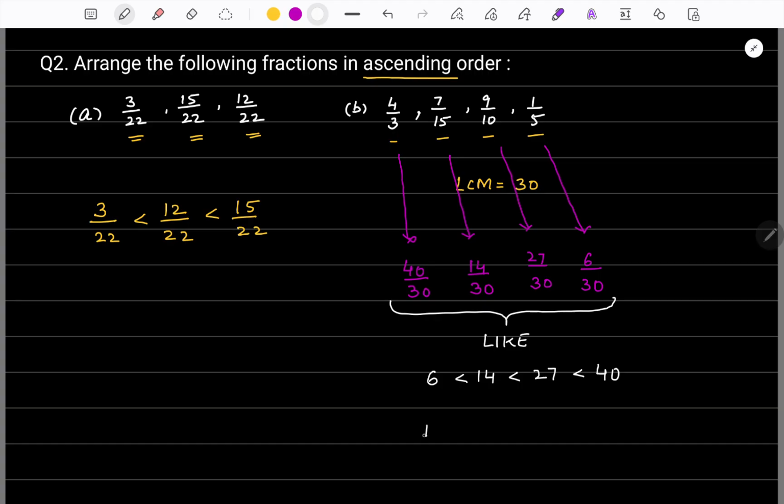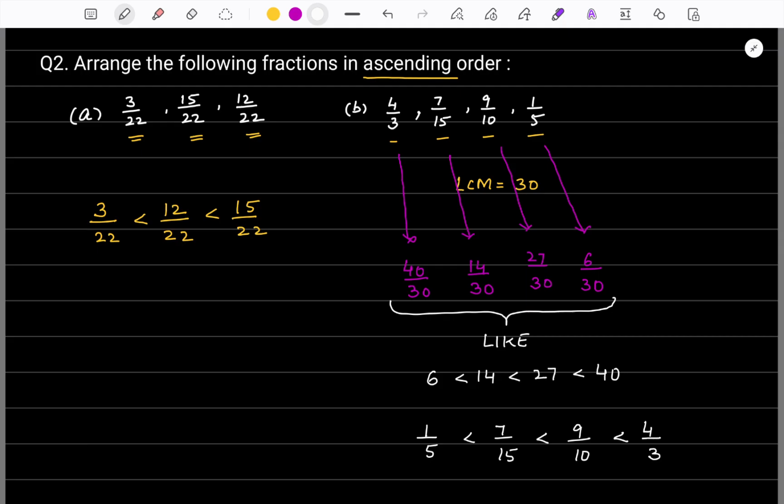So we can say 1 by 5 is lesser than the fraction 7 by 15, which in turn is less than 9 by 10, since 27 corresponds to 9 by 10, which in turn is less than the fraction 4 by 3. So this is the order when we compared these fractions.